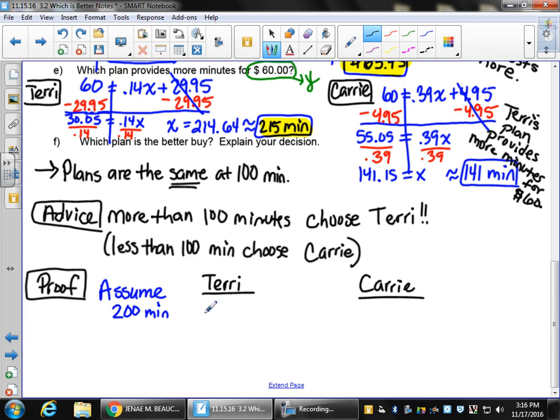So Terry would be y equals 0.14 times 200 minutes plus $29.95. Let's see what the bill will be. So 0.14 times 200 equals 28 plus $29.95. The bill would be $57.95.